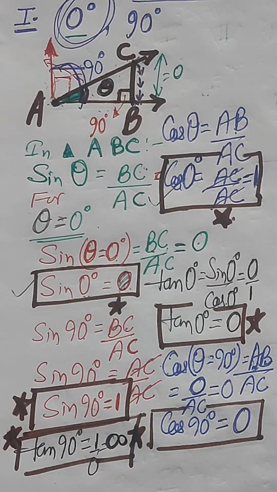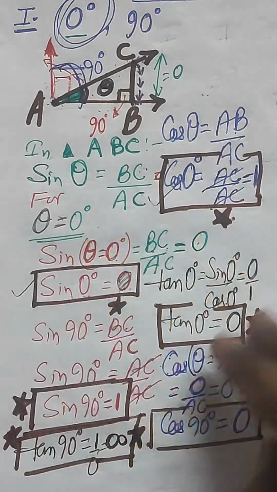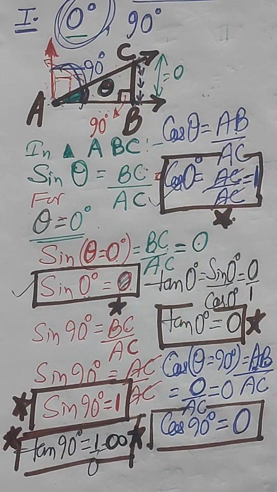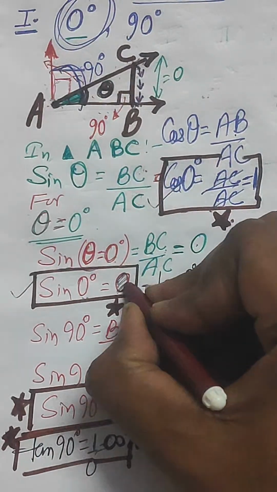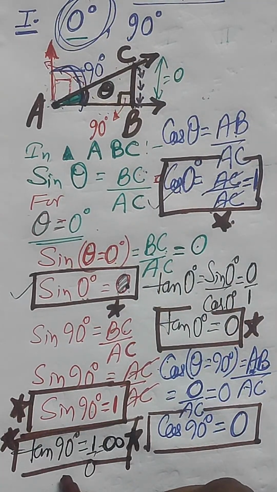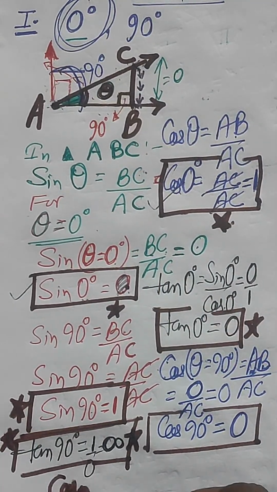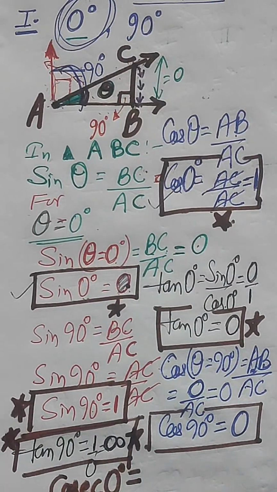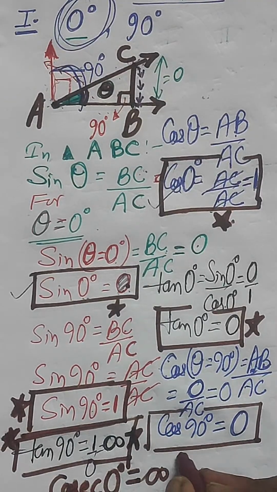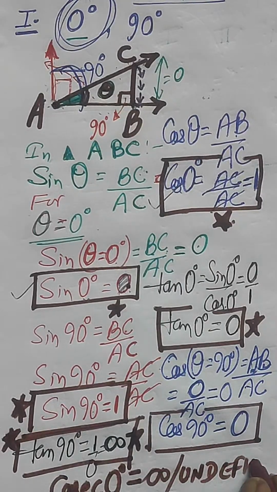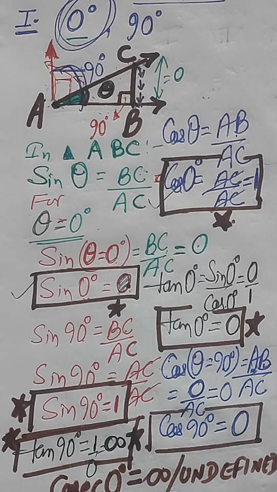Now from the above discussion, whatever values are 0, like sine 0, what is the reverse of sine 0? Cosec 0. So cosec 0 is also undefined, coming as infinity or undefined, because it is 1 by 0.